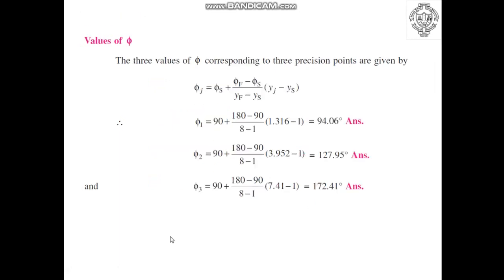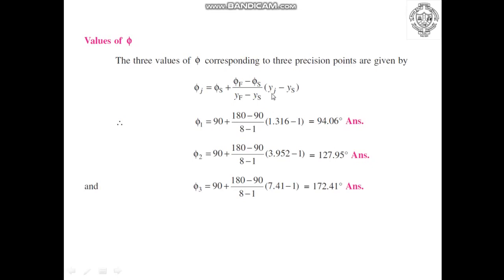Similarly, you can find out the value of phi also. We know the formula for finding out positions of phi as phi j is equal to phi s plus phi f minus phi s divided by yf minus ys into yj minus ys. So let us put the value of j as 1 to find out the value of phi 1, which is 90 plus 180 minus 90 divided by 8 minus 1.